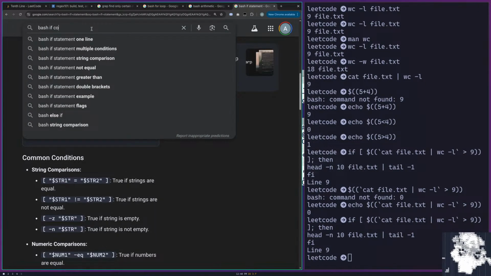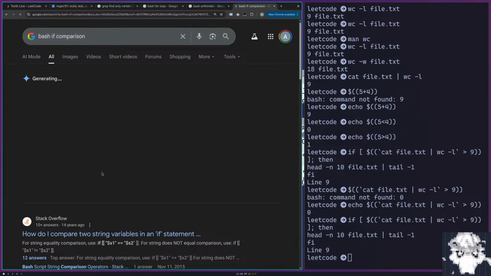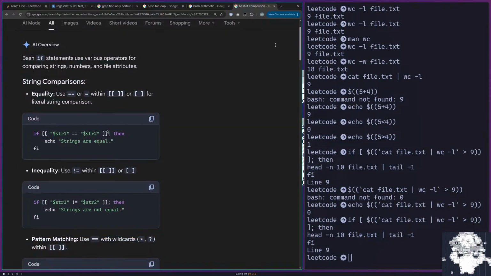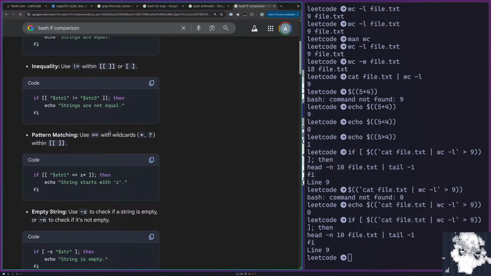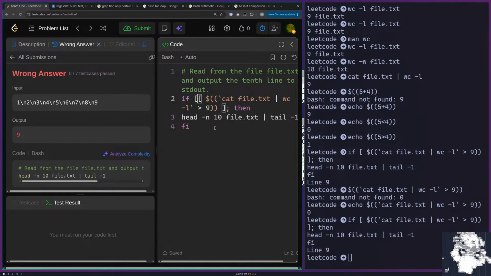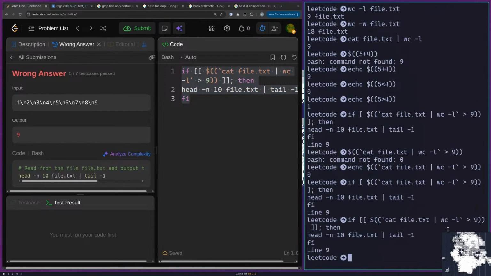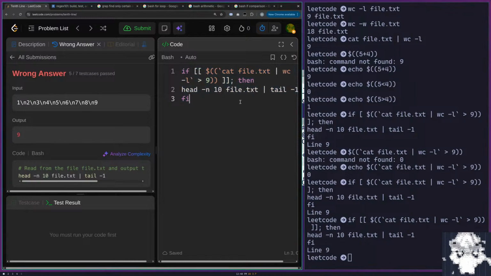Bash if comparison. Oh. What's the difference between single square brace and double square brace? I don't know.